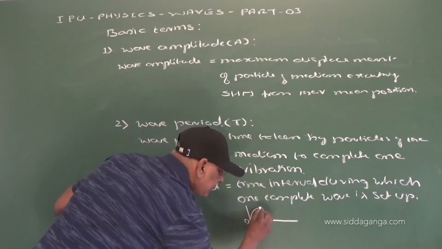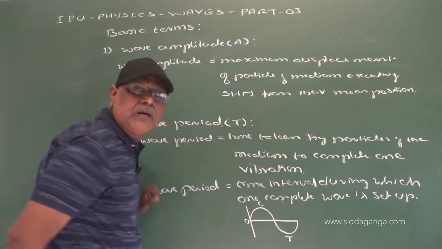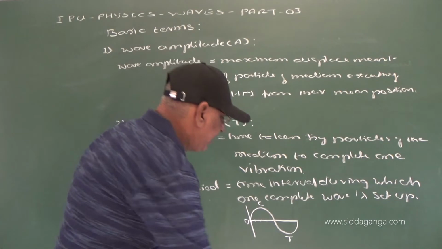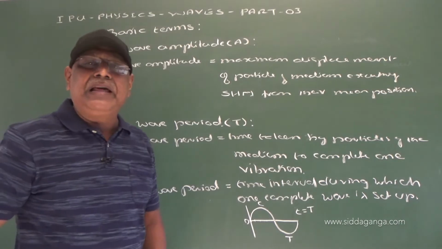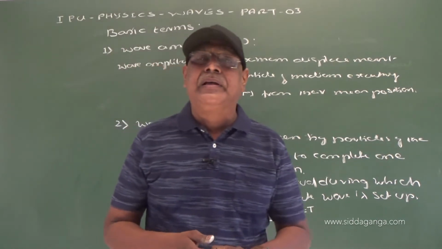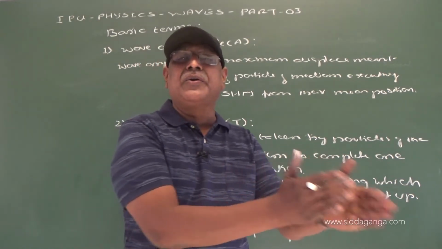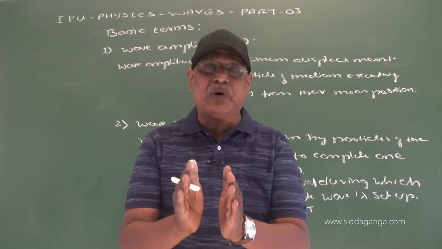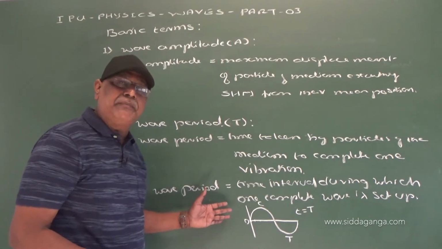So when one complete wave, compression and crest and trough, is formed, then the time taken is equal to T. Similarly, when a longitudinal wave is propagating through a medium, the time taken to generate one complete longitudinal wave, that is one compression and one rarefaction, is equal to the time period. Obviously, both definitions will give the same time period.